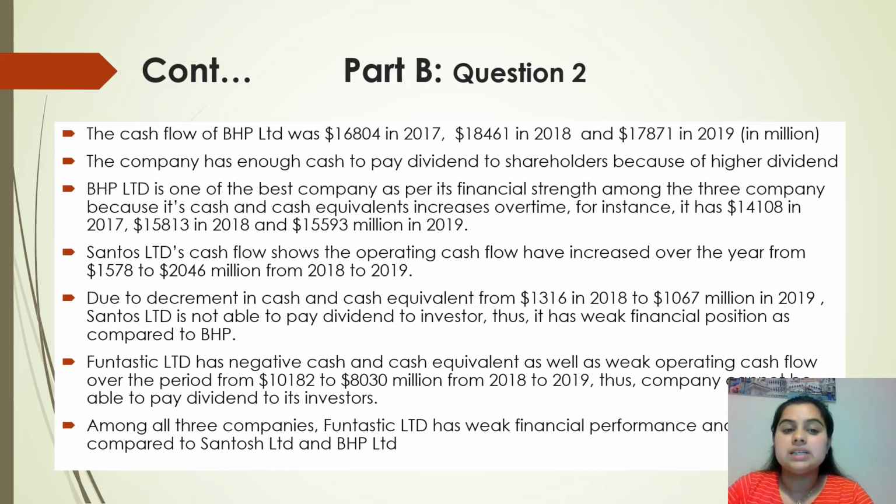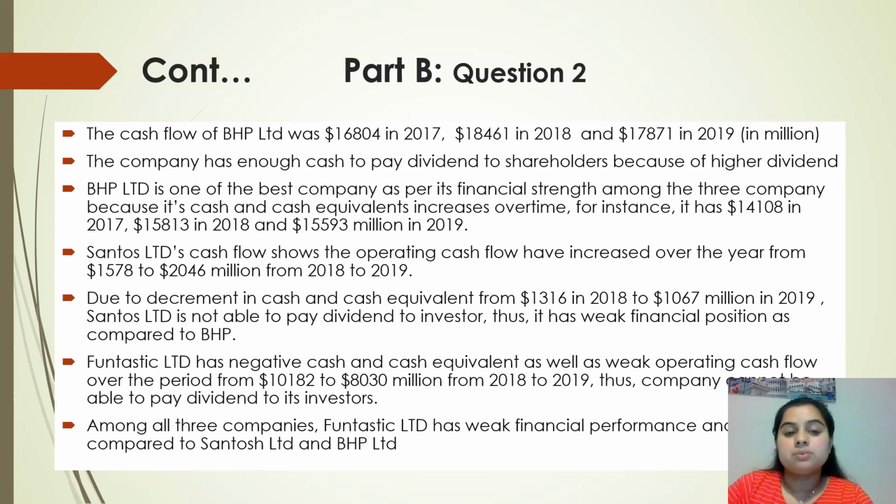BHP Limited is one of the best companies in financial strength among the three because its cash and cash equivalents increase over time. For instance, it had $14,108 in 2017, whereas in 2018 it was 15,813, and in 2019 it was 15,593 million.